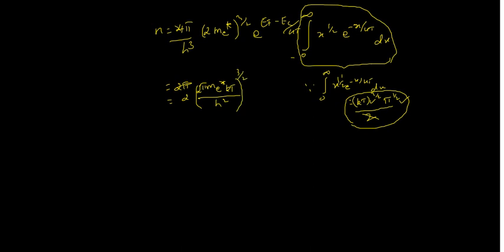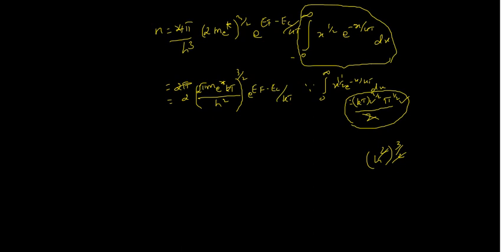The h square power 3 by 2 means there is no change in meaning, it is h cube. Then e power EF minus EC by kT.